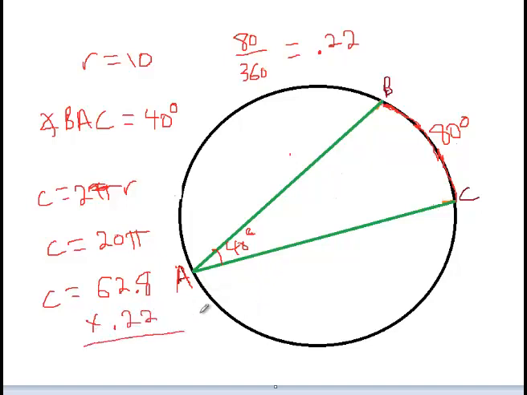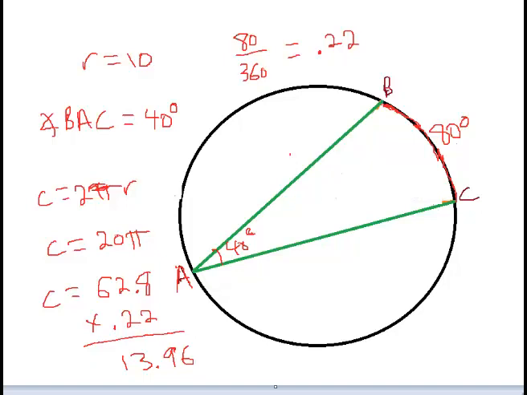So I'm going to multiply that by 62.8, and I get approximately 13.96, rounded off. So the length of this arc, as it's swept out, is approximately 13.96.